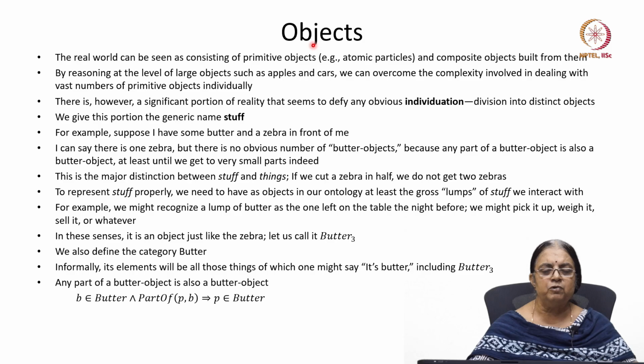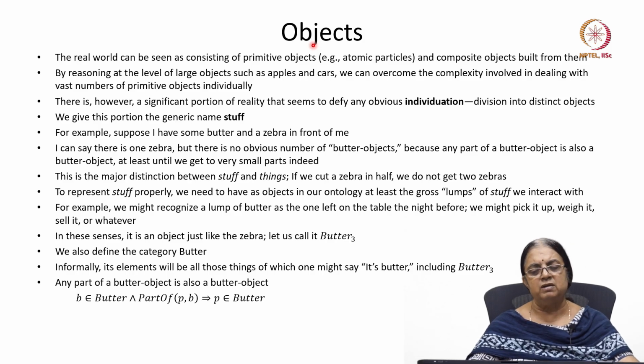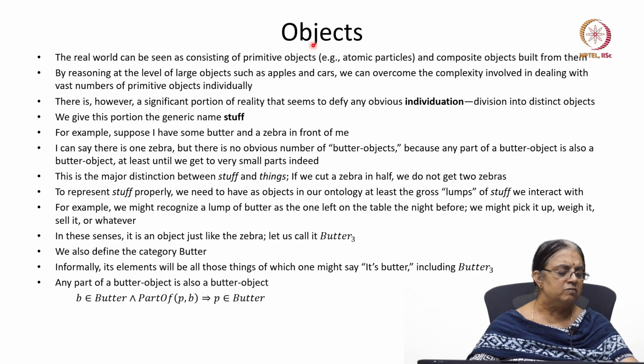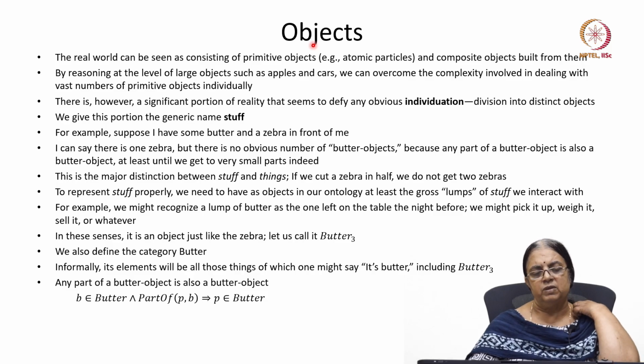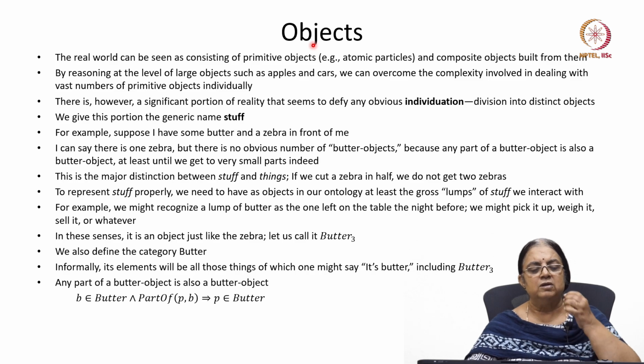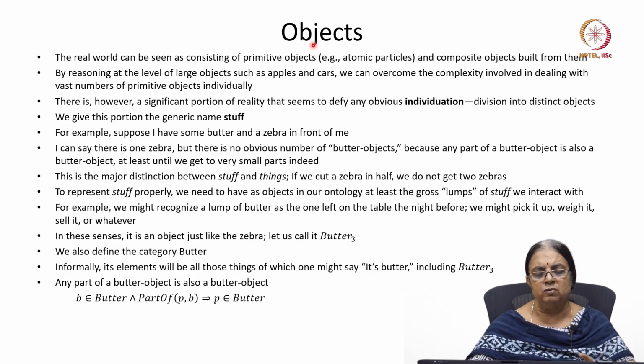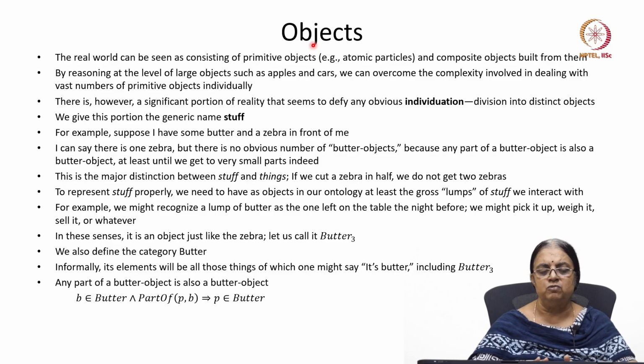Next we talk about objects. Objects, of course, you can say are nouns, and we talked about composite objects, like apples or animals. There are two things we need to distinguish between. One is distinct objects.